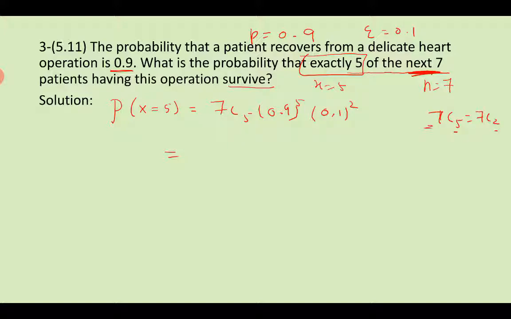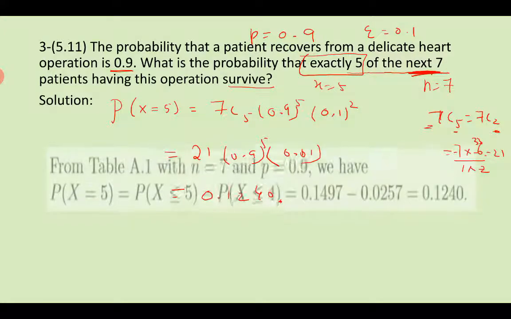Whenever 5 and 2 add to 7, they are equal, isn't it? This is n, this is n minus r. So it is 7 into 6 over 1 into 2, which is 21. So this is 21 times 0.9 to the power 5 and 0.1 squared, which is 0.01. Use calculator, you will find 0.1240.